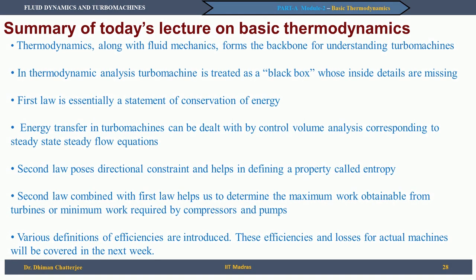So, as I was saying that in thermodynamics, we have dealt with turbo machines as a black box in which some fluid enters with some energy and leaves at the exit with some other energy, that is a steady state steady flow. So, there is no mass being accumulated, and we have found out the energy conservation equations based on first law. We have also talked about the second law.